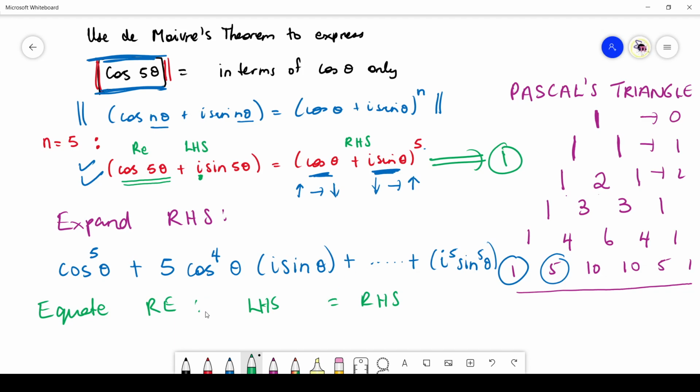So looking at equation 1 on the left, if we were to equate our real parts, you will get that cos 5 theta that you're looking for.